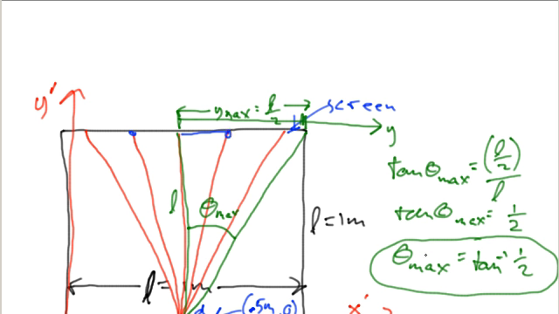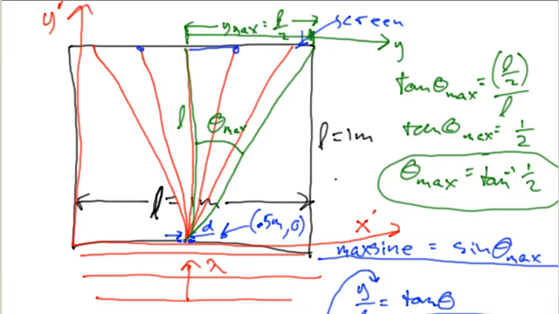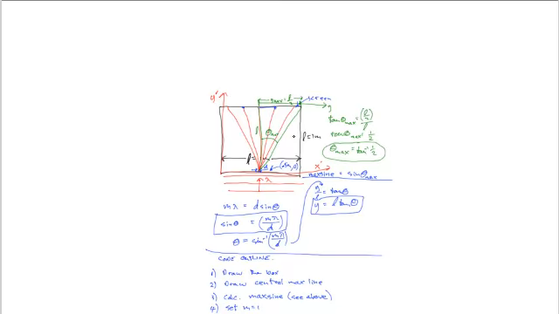So I'll do one at a time. I think I'll go to this position. So this is, in space, my x prime, y prime. It's 0.5 meters minus whatever y is.